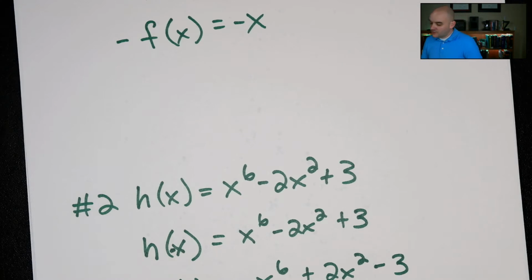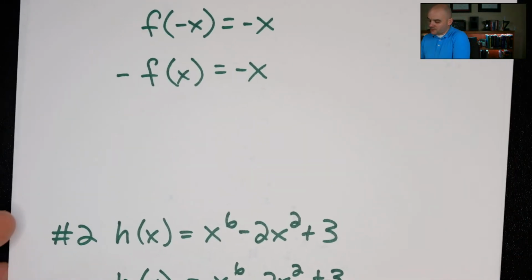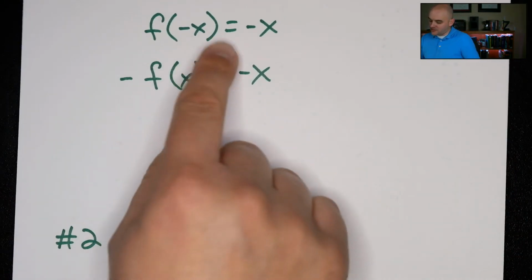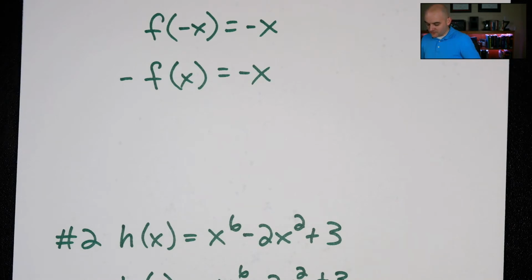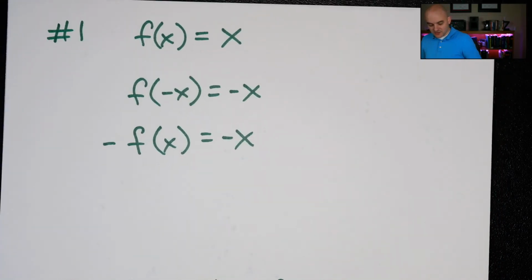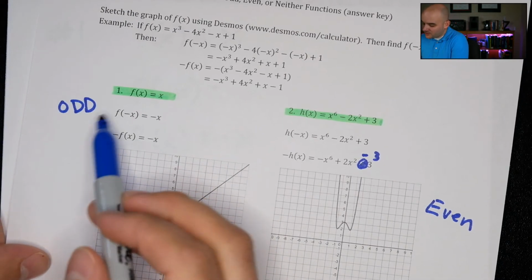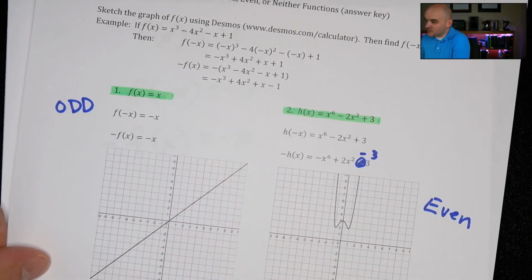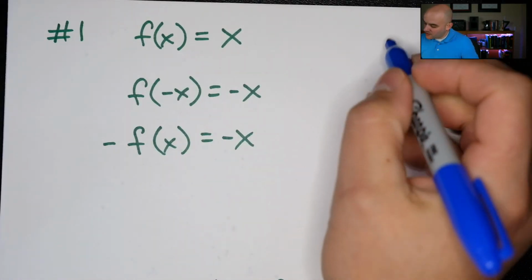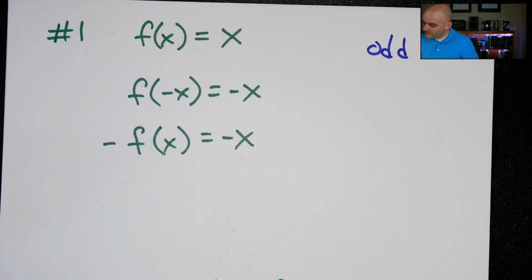All right, hopefully you had a chance to go through and at least try number 3. I went ahead and summed up these two that we did on the first couple of ones, and I want to make a note here of whether we mark these functions as odd, even, or neither. This first one on number 1, we've written off as odd, and we determined that graphically. So I'm just going to write odd right here.